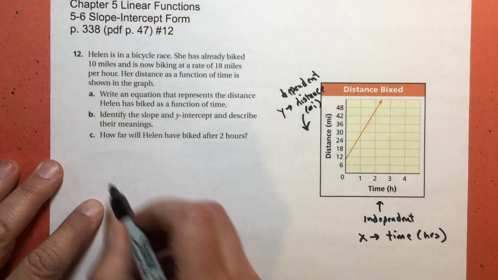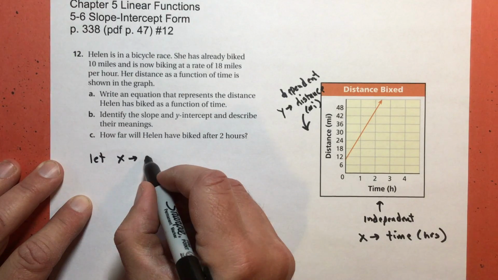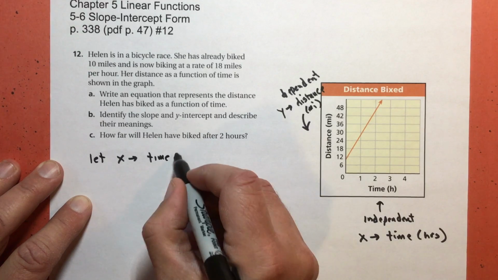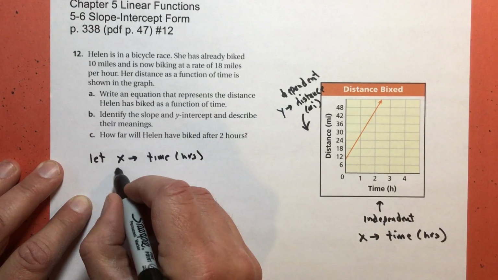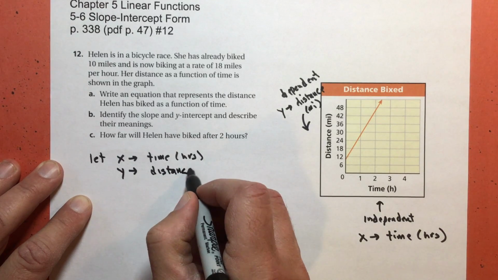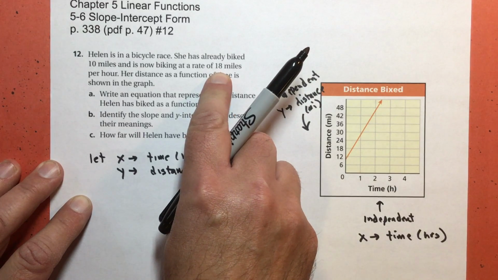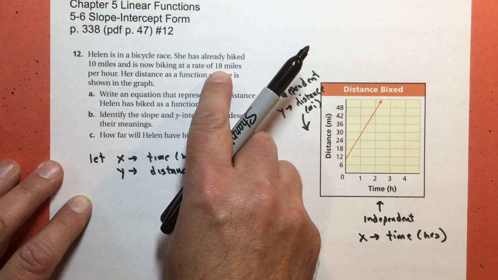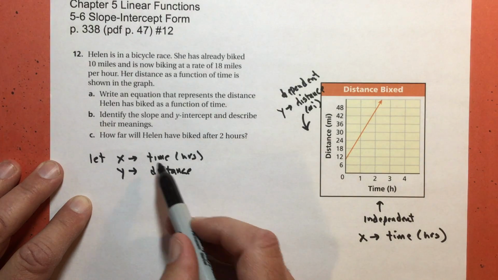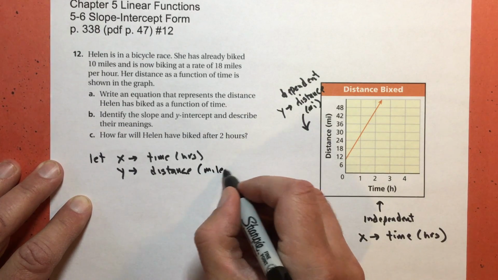So I'm going to let x represent time in hours, and I'm going to let y represent distance. If she's at a constant speed, how far she travels is a function of how long she's been biking.